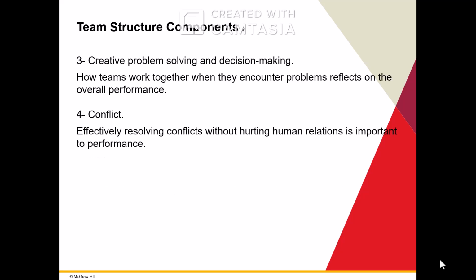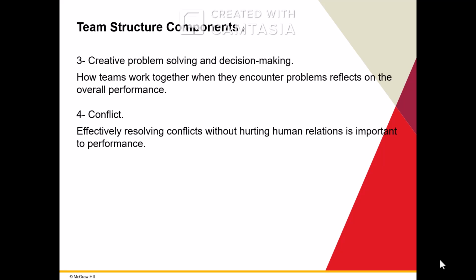Then another component is creative problem solving and decision making. So how teams work together when they encounter a problem, reflect on the overall performance is very important, because creativity in solving problems is a very crucial part of any team, because teams are working to solve problems, and solving problems by the end of the day is the target that we are working to reach.